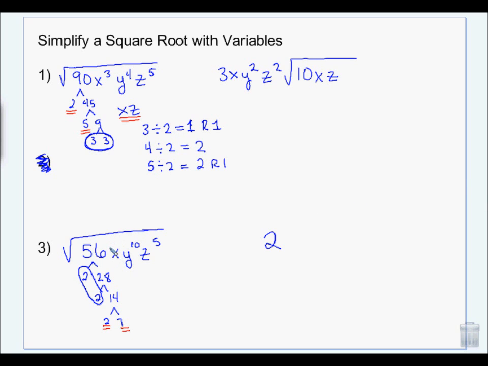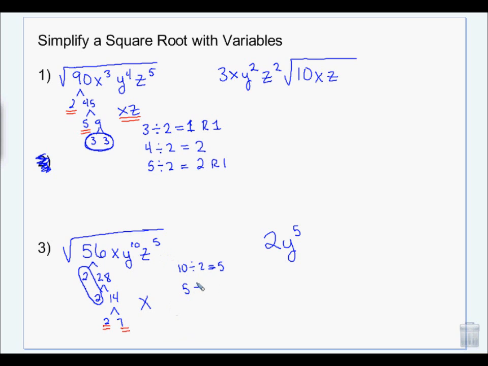I have 1x. So I can't take any out because I can't divide that by 2 evenly and get anything, right? So I'm leaving an x behind. I have 10 y's, so I divide that by 2, and that means I can bring out 5. I have no remainders, so no y's get left behind.